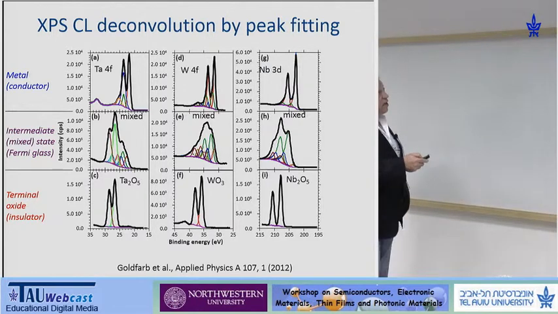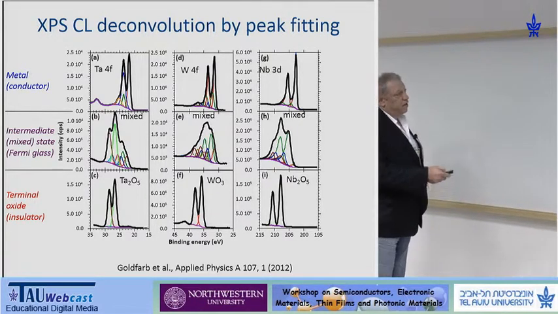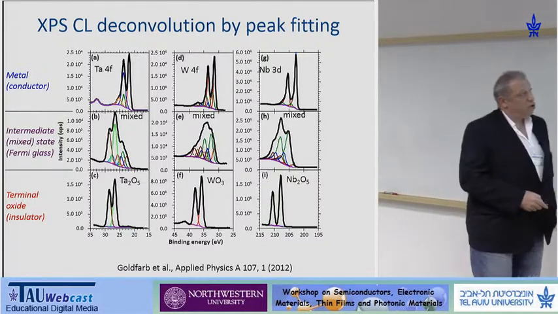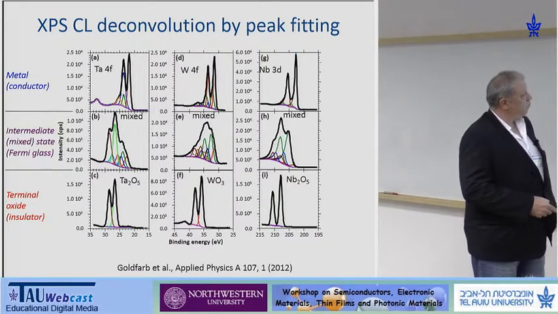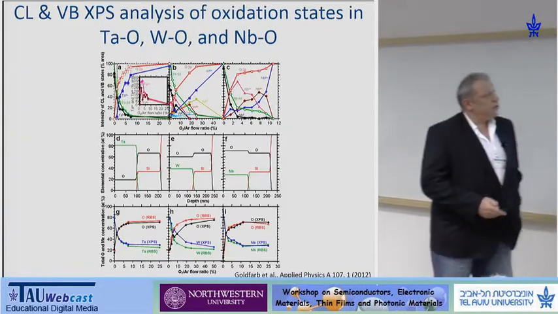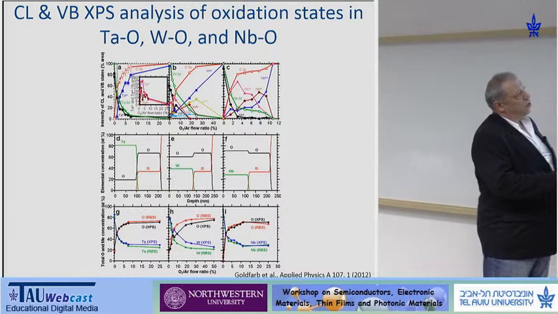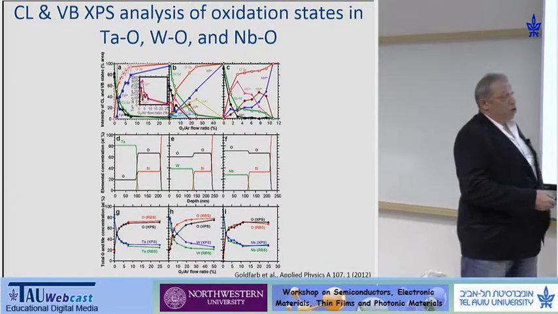So we have basically the initial metallic state, fully oxidized states, and intermediate oxides, the so-called mixed valences in between. And now this is the analysis, and we can see that as I put more and more oxygen in the plasma, we have more and more oxygen in the film.